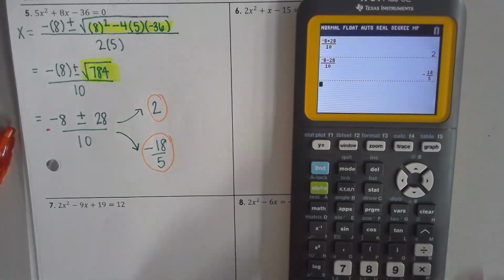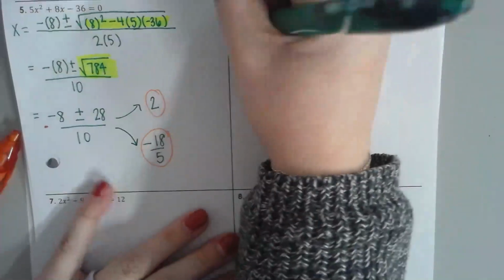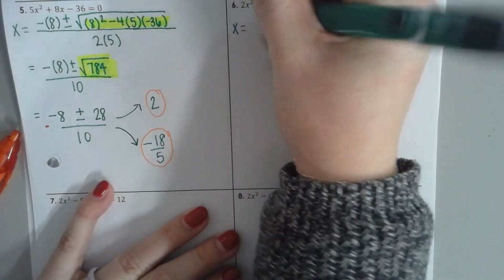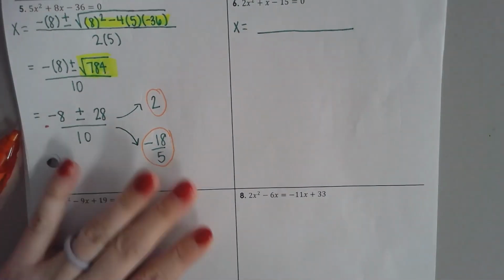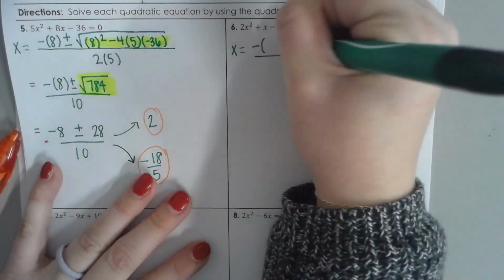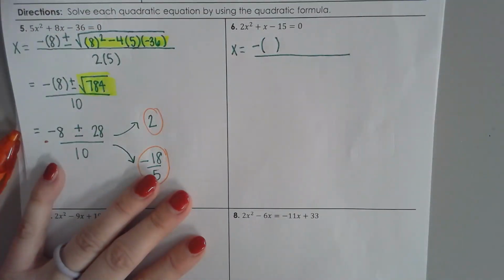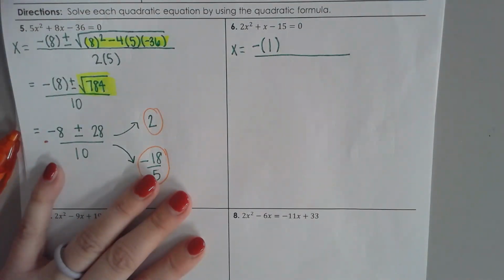So let's go to number 6. So it's negative. What's my b? 1. It's always the number. Don't put an x there.